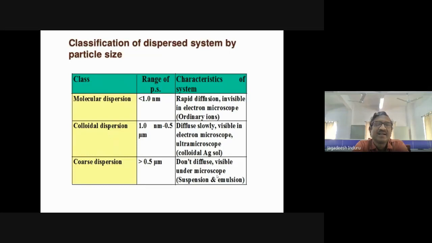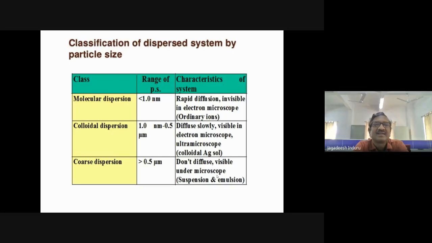So accordingly, we need to proceed with the further development. This depends upon what type of drug we are handling, what is the molecular weight of that particular drug, and the solubility of the drug in the medium. These are all going to be taken into account while selecting what type of dispersion I am going to make and launch in the market, in the pre-formulation stage itself. So this is very much mandatory.